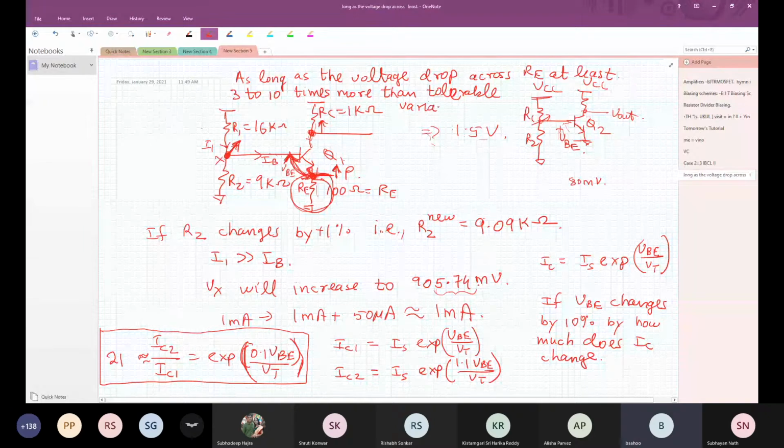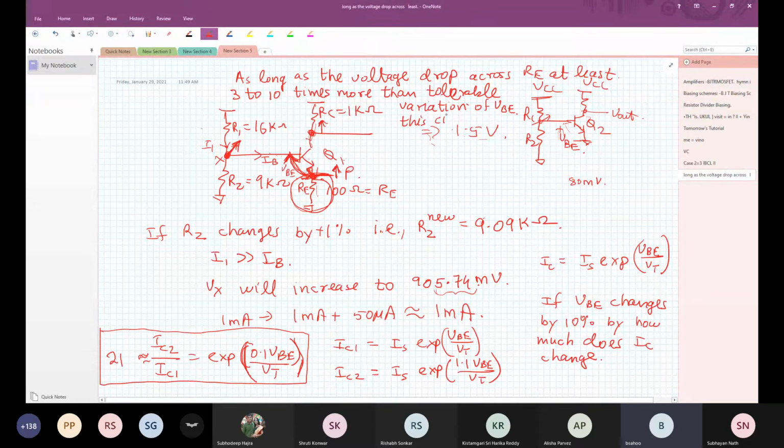Then this circuit (CKT for short) is immune to bias point variation.